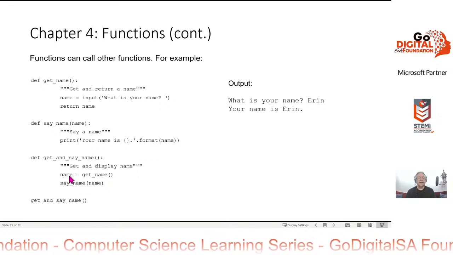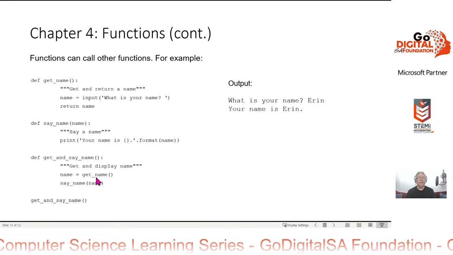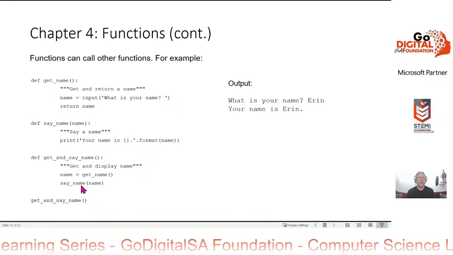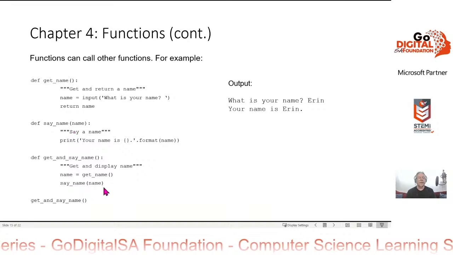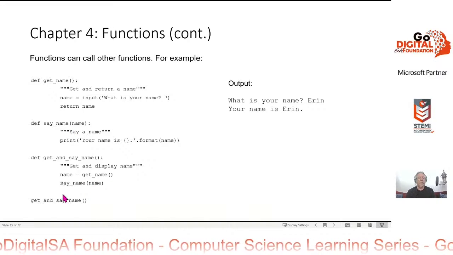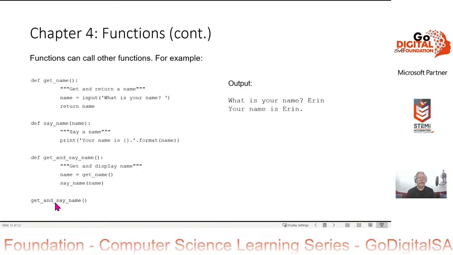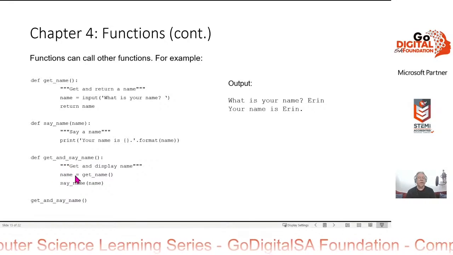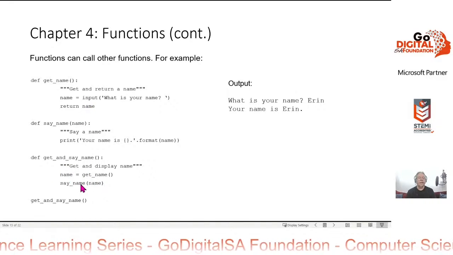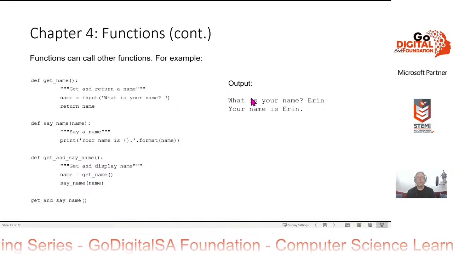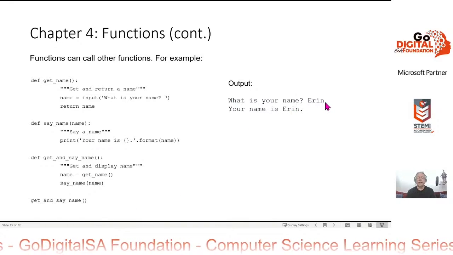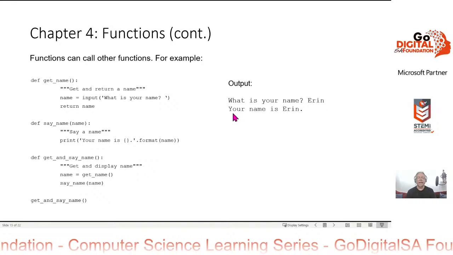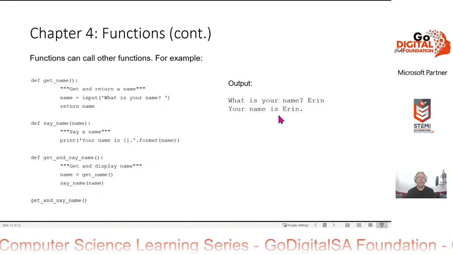So it's going to set a new variable name equal to get_name, and then it's going to call say_name with name. So if we now call get_and_say_name, that calls get_name, and then it calls say_name. So the output is, what is your name? The user has to type some name. So let's say he types Aaron, and then it outputs your name is Aaron.